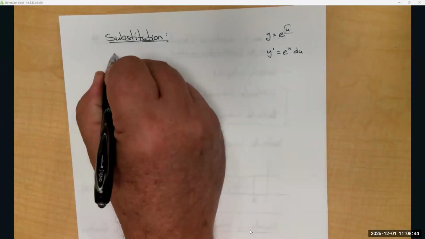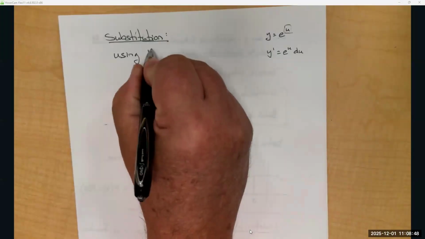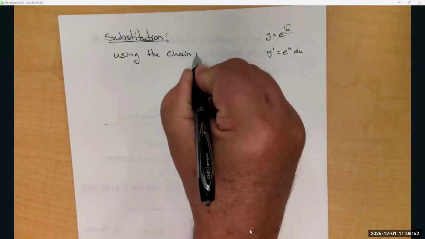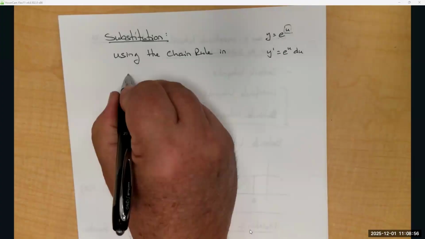Yeah, because the derivative of e to the u is just itself times the derivative of the exponent. So basically what this is looking at is using the chain rule in reverse.